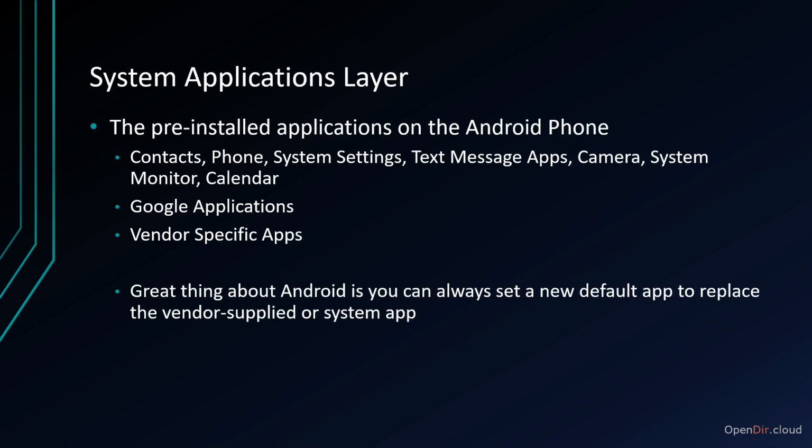So Google applications can be considered a system application at this point, as well as many vendors such as Samsung, etc., have their own vendor-specific applications that are pre-installed on the phone. So these system applications are all what would be considered part of the system application layer that come generically installed on every phone.